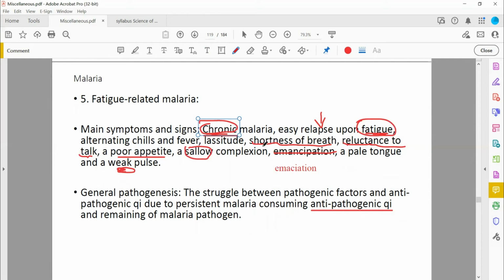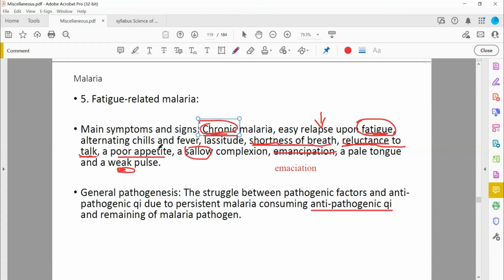So when you see this one, shortness of breath, don't want to talk, and fatigue, everything gets worse after fatigue. So what syndrome will you think about for this one? Spleen. Spleen qi deficiency. Yeah, qi deficiency, right?